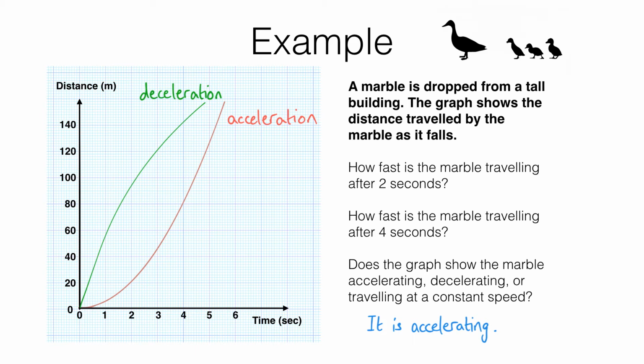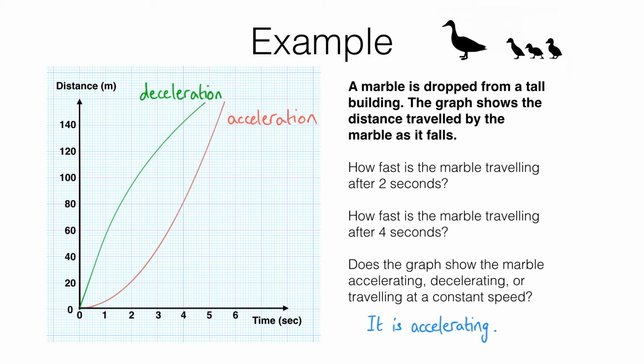Like I said, the important thing on a distance time graph is that speed is found by calculating the gradient. So we're not interested in whether these curves go upwards. What we're interested in is the gradients to decide whether something is accelerating or not. And in this red case, we saw it was accelerating because we had a low gradient or a low speed, and we ended up with a high gradient or a high speed.